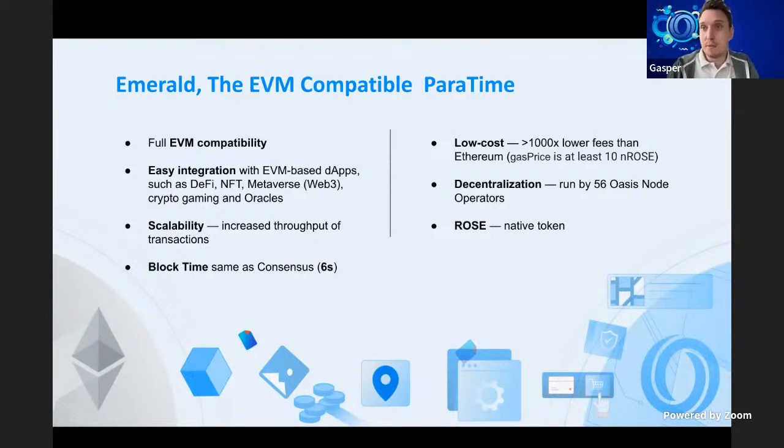Essentially before that, we had like 0 fees, but to avoid all these attacks, we had to introduce some fees, right? But they're like 1,000 times lower than Ethereum for comparison, right? Now, Emerald runs on over 56 node operators already, and we're using ROSE as a native token.